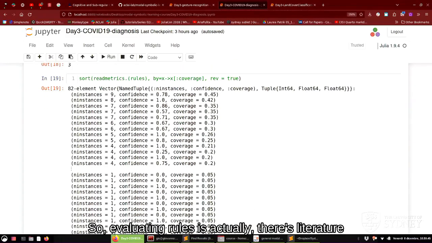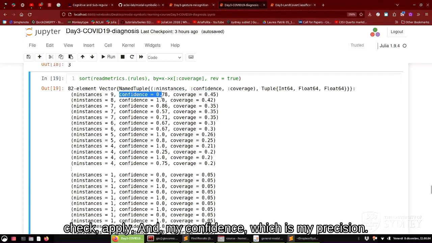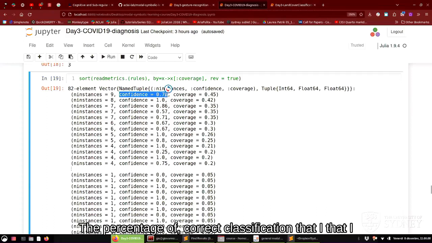So evaluating rules, there's literature on it, but we're going to stick with two simple metrics: the coverage, how many instances in the test set does my antecedent, my formula that I need to check, apply; and my confidence, which is my precision, the percentage of correct classification that I give.